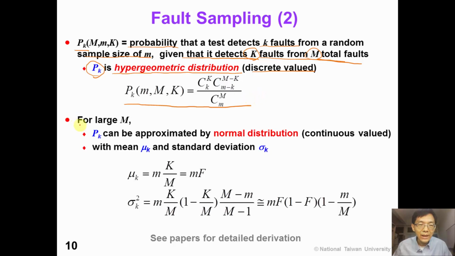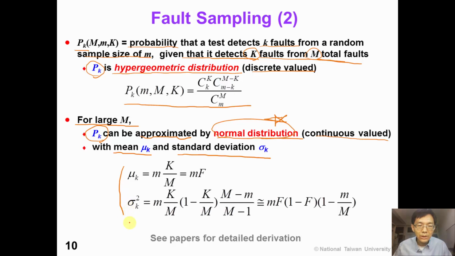But the good news is that for a very large M, pk can be approximated by a normal distribution of continuous value. This is good news because we know how to handle normal distributions very well. The mean of this distribution, mu k, and the standard deviation of this distribution, sigma k, can be written in these equations.